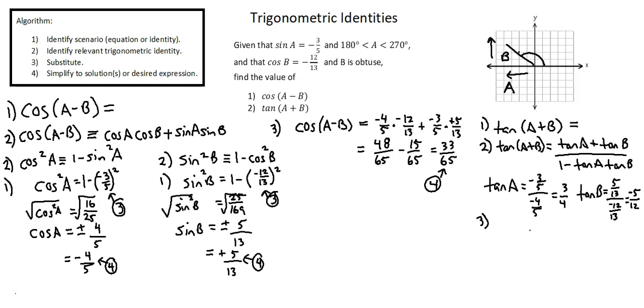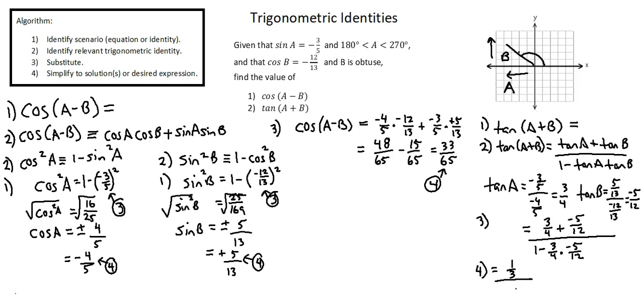So tangent A plus B equals tangent A plus tangent B, which will be 3 over 4 plus negative 5 over 12, over 1 minus tangent A times tangent B, 1 minus 3 over 4 times negative 5 over 12. And in step 4, simplify. 3/4 minus 5 over 12 simplifies to 1 over 3.